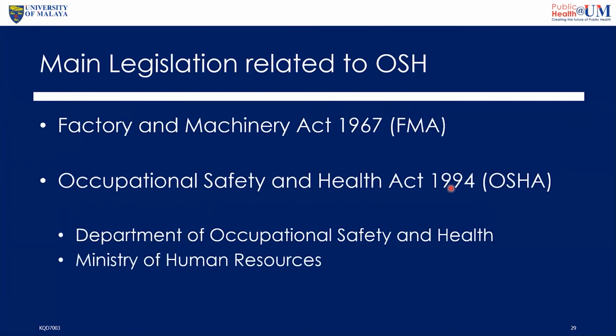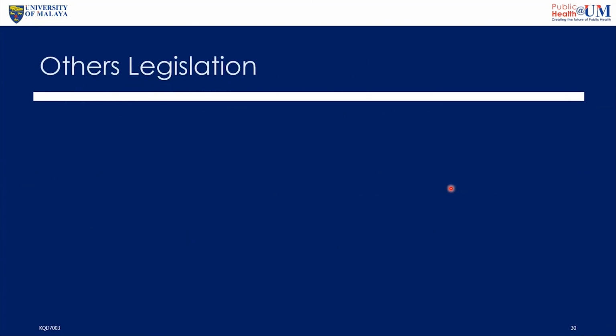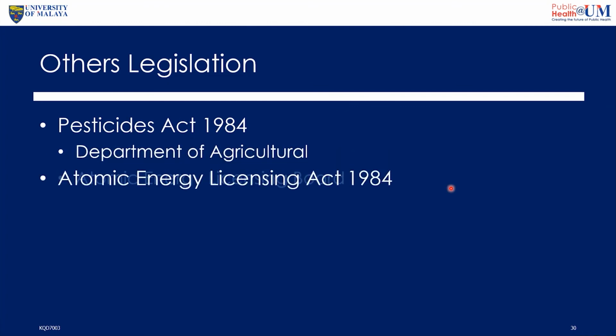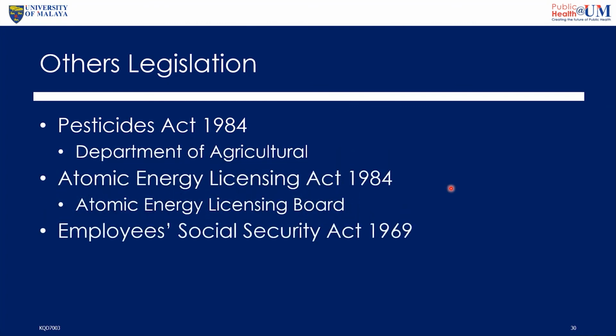Next. We have other legislation that you also need to read and understand: the Pesticide Act if you're using pesticide, the Atomic Energy Licensing Act if you're using atomic energy, and the Social Security Act for Social Security. Who uses pesticide? Construction industry uses pesticide, correct? Yes. Why?